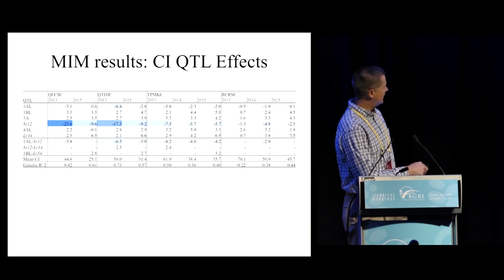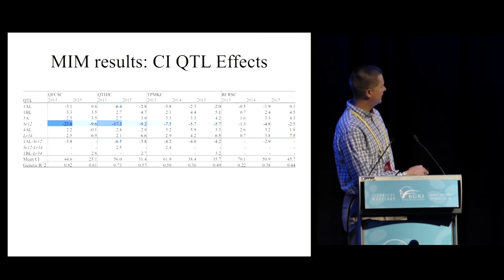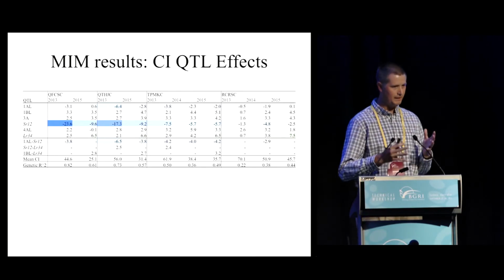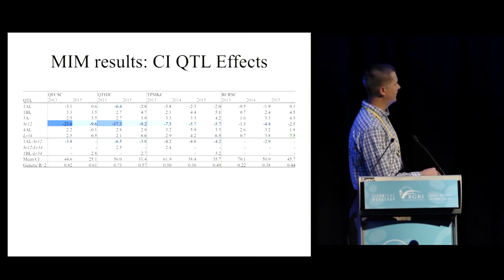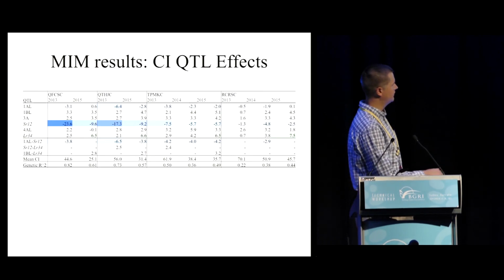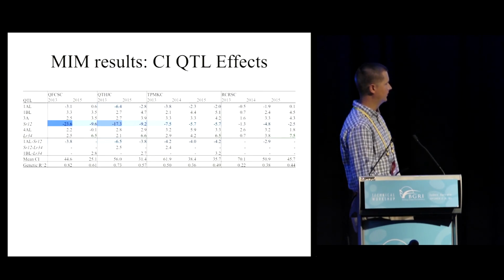Then you can see the alleles from Thatcher reducing coefficient of infection, and the alleles from McNeil increasing the coefficient of infection. The take-home message from this slide is that there are really 3 big important QTL that were the most significant: SR12, 1A and LR34, and those were the most consistent across the races.